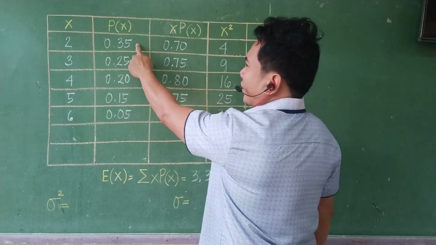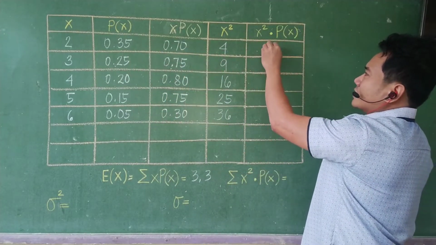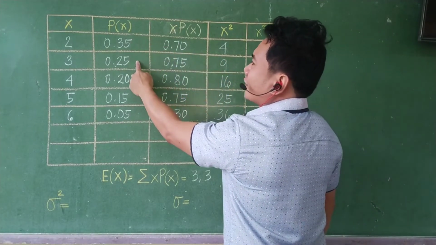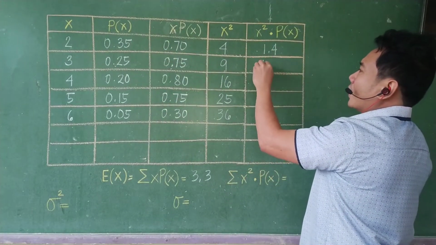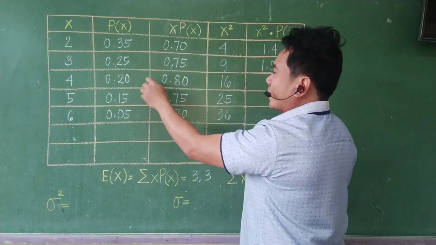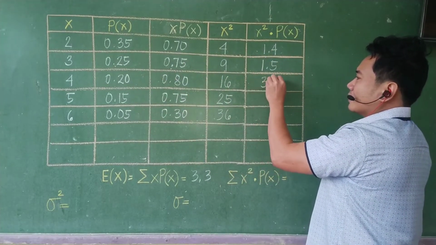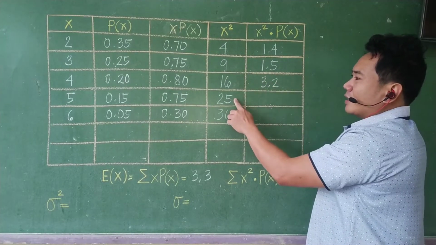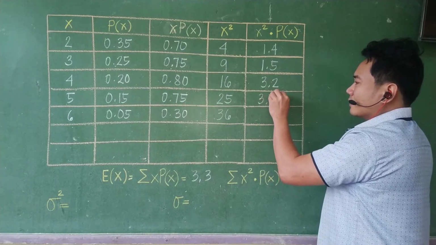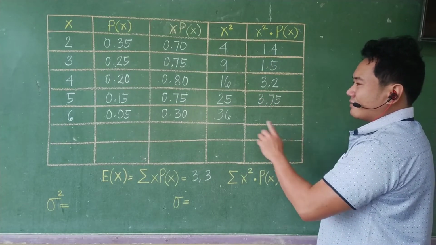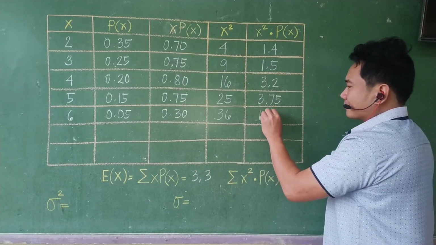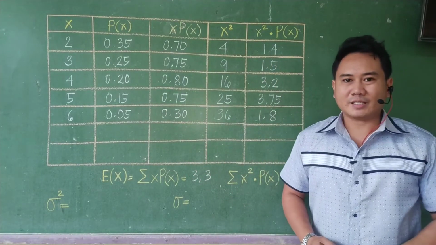Next, we are going to multiply x squared with p of x. 4 times 0.35 equals 1.4. 9 times 0.25, 2.25. 16 times 0.20, 3.2. 25 times 0.15, 3.75. 36 times 0.05, 1.8.